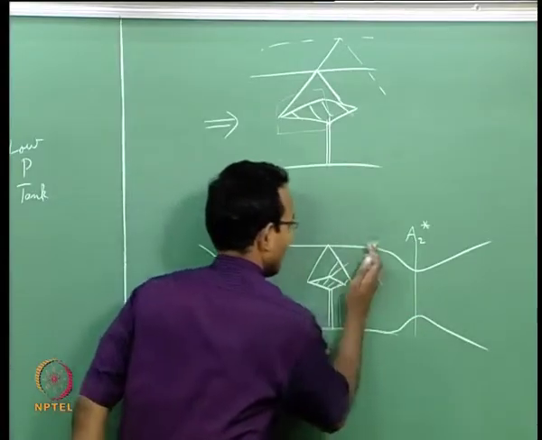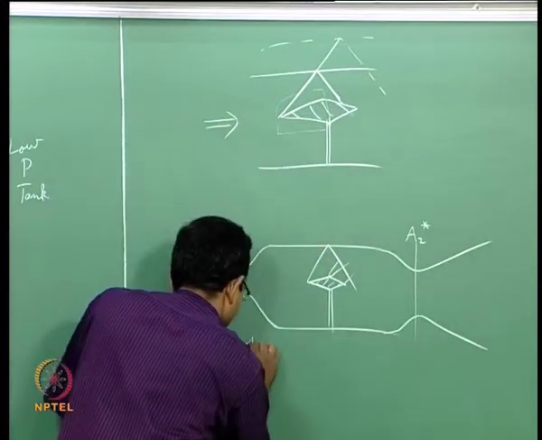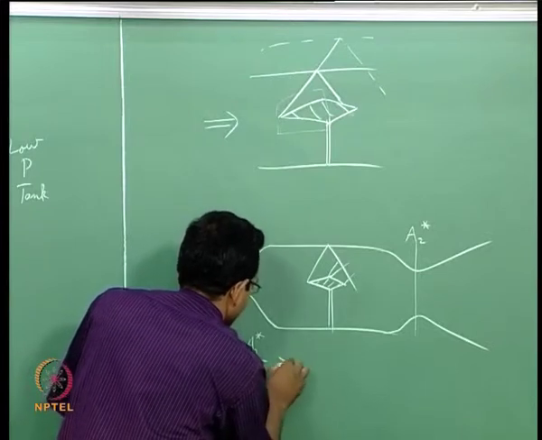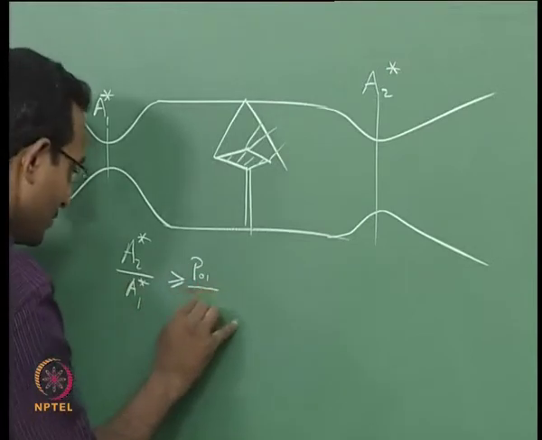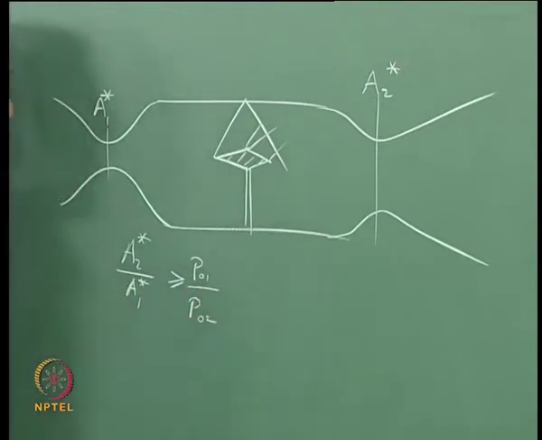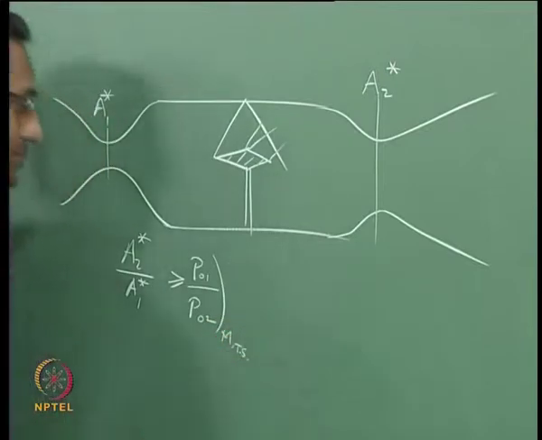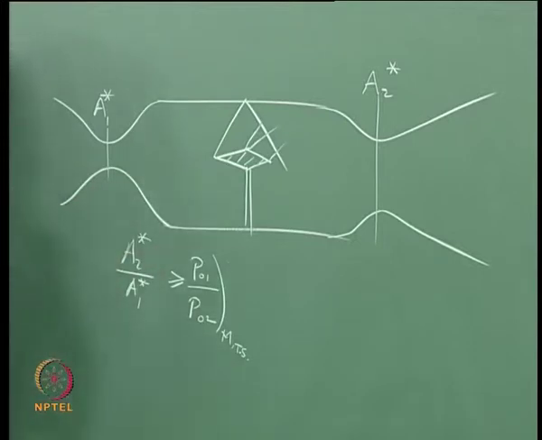The shock that comes here will never go past this direction, we said that. So for that condition, A2 star by A1 star must be greater than or equal to P01 by P02 at the Mach number of the test section, for that shock at that Mach number at the test section. That is what this means. Okay. So you have to think about this.